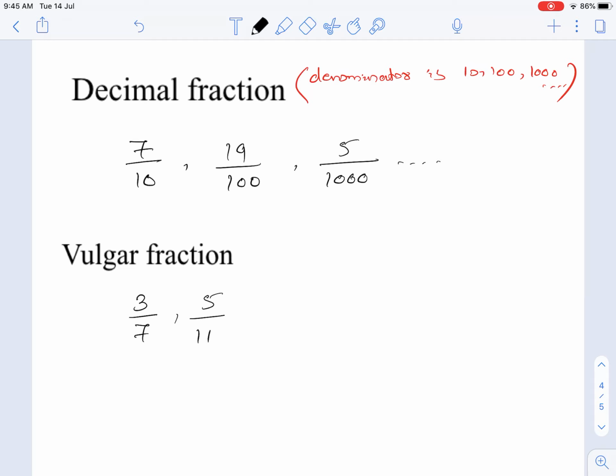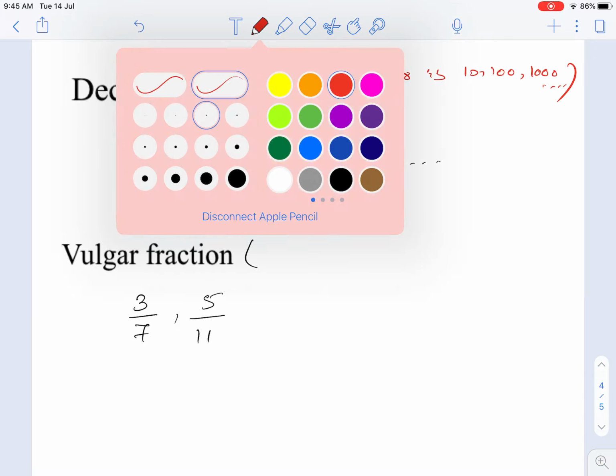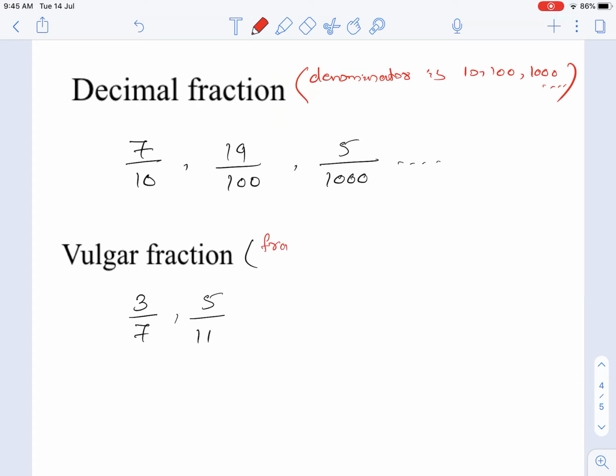Here also the denominator is any number other than 10, 100, 1000, 10,000, and so on. So this number is a vulgar fraction. So a vulgar fraction is a fraction whose denominator is other than 10, 100, 1000, and so on.